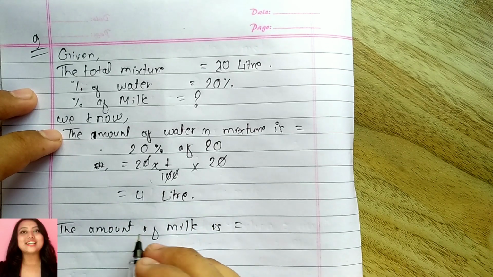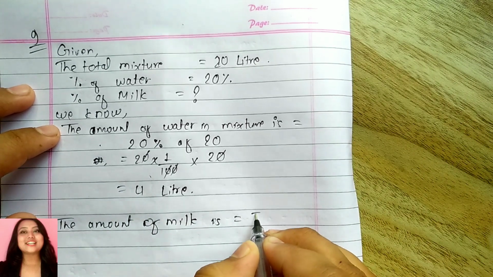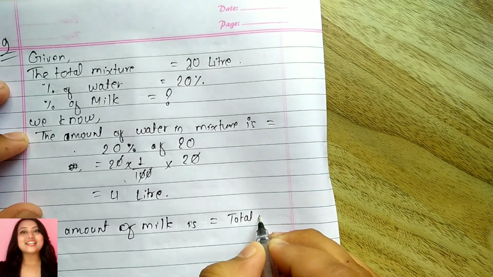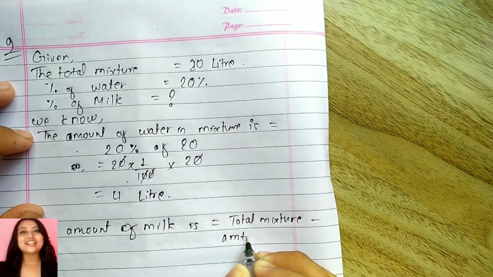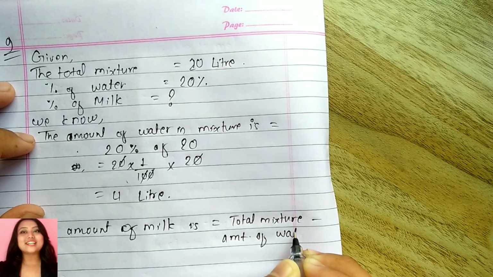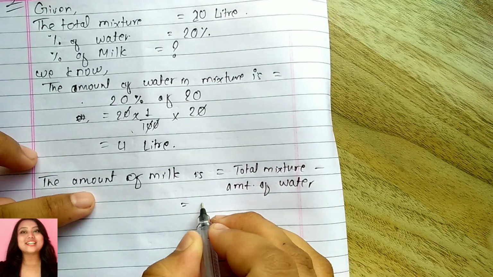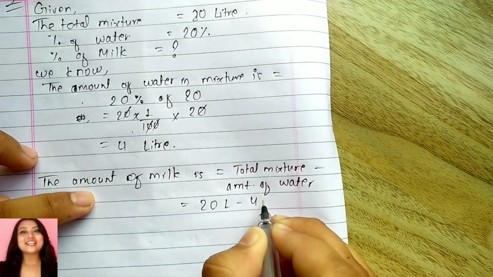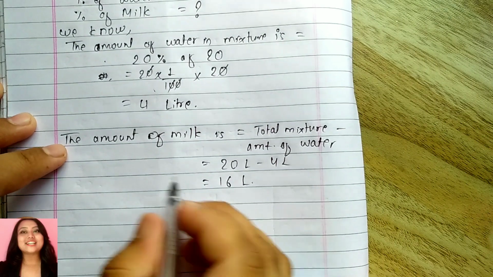So the total amount of milk we can find out by subtracting: total mixture minus amount of water. By this we can find out the amount of milk, which is 20 liter minus 4 liter equals 16 liter. So 16 liter is the amount of milk.